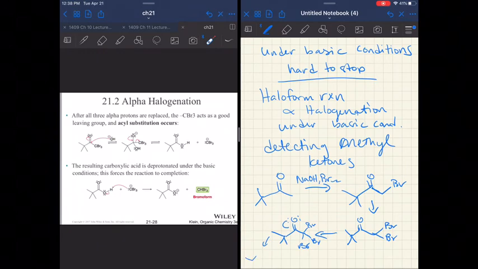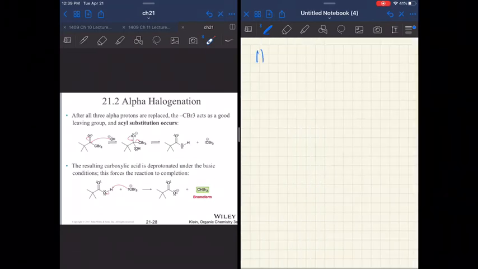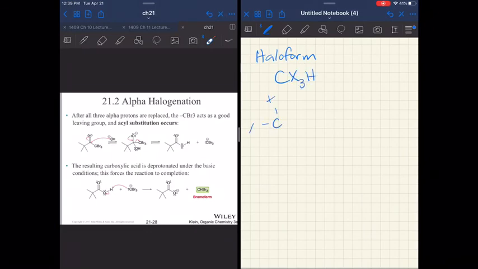And so in the final step, you are going to be able to get a carboxylic acid, right? Because that CBr3 falls off. It's called the haloform reaction because it forms a haloform, and this is something you should know. A haloform is CX3H, right?